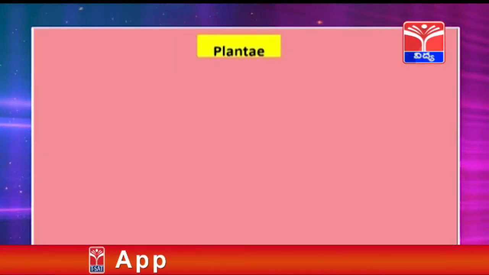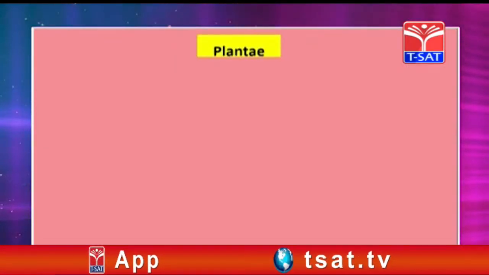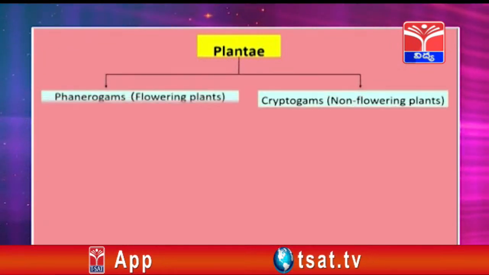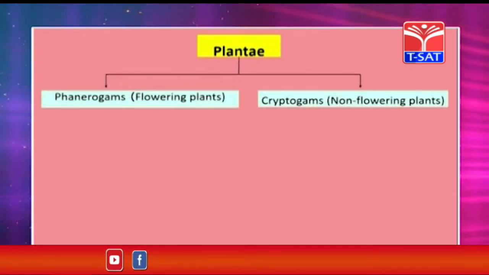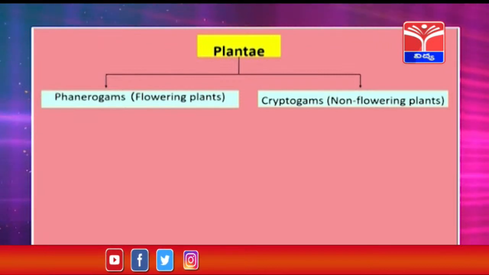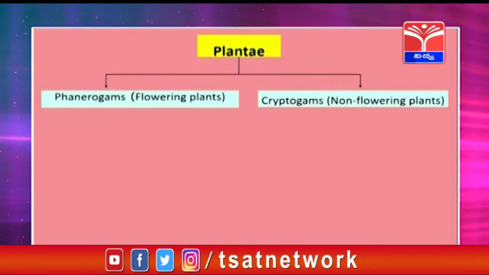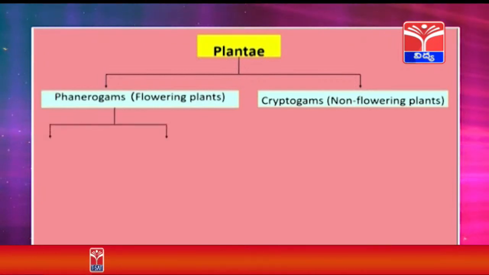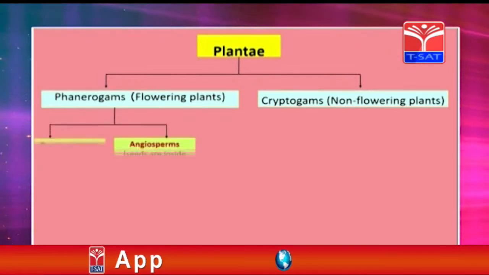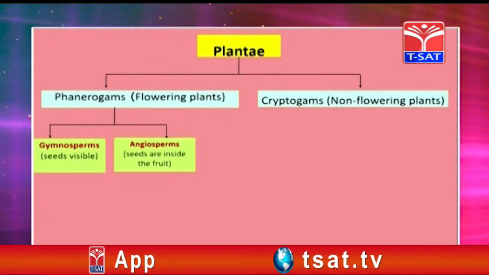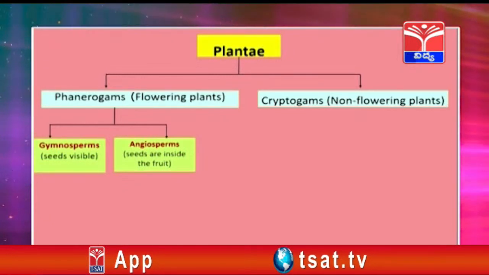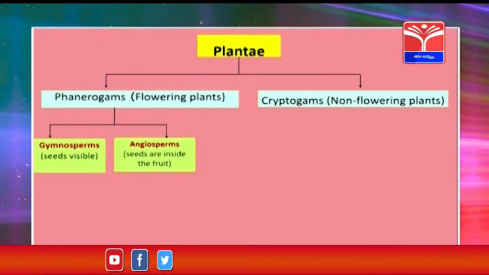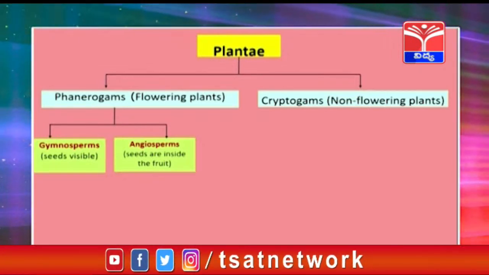When we look at the classification of plants, the kingdom of Plantae is classified into 2 groups, phanerogams and cryptogams. Phanerogams are flowering plants and non-flowering plants are grouped under cryptogams. And when we see the flowering plants, these are grouped under 2 categories, gymnosperms and angiosperms. In gymnosperms, the seeds are visible.